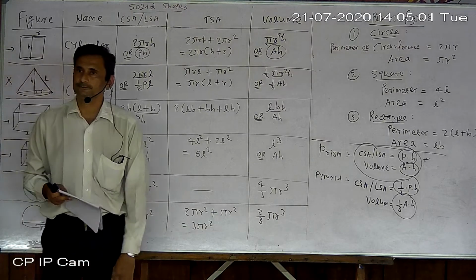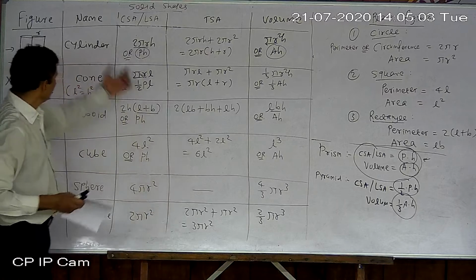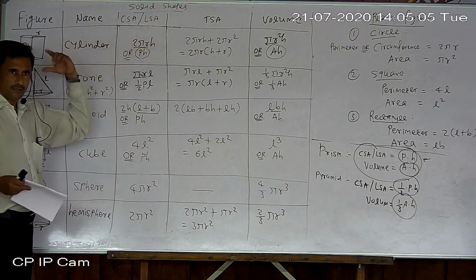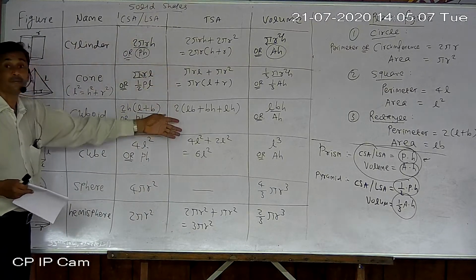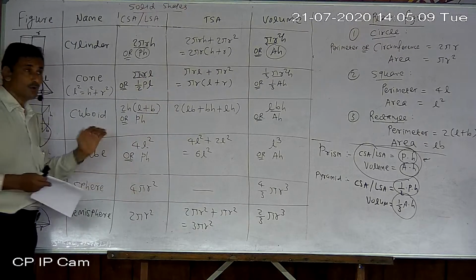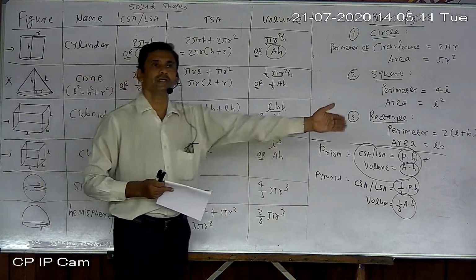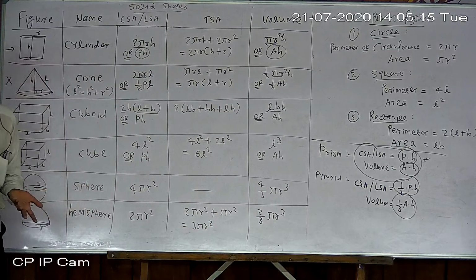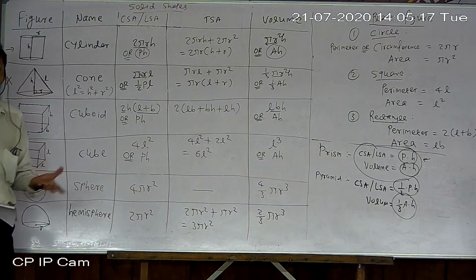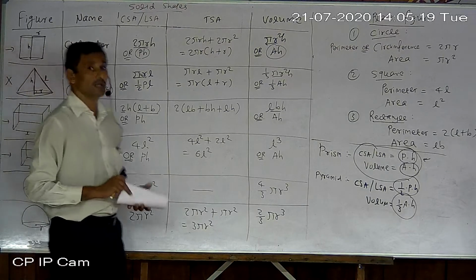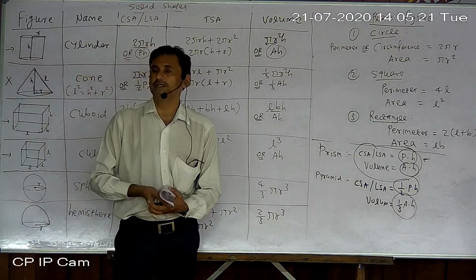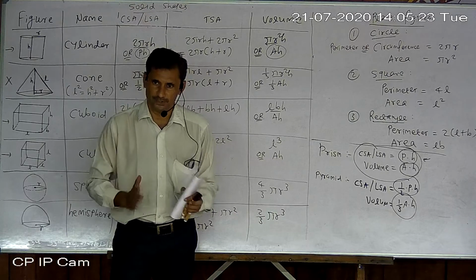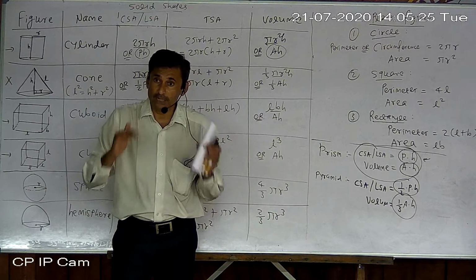Now we discuss one by one. We have not discussed total surface area so far. So how to go from CSA to TSA? That also by understanding, not just to memorize. Just understand. If you have CSA or LSA, and if you want TSA, then you have to add something.